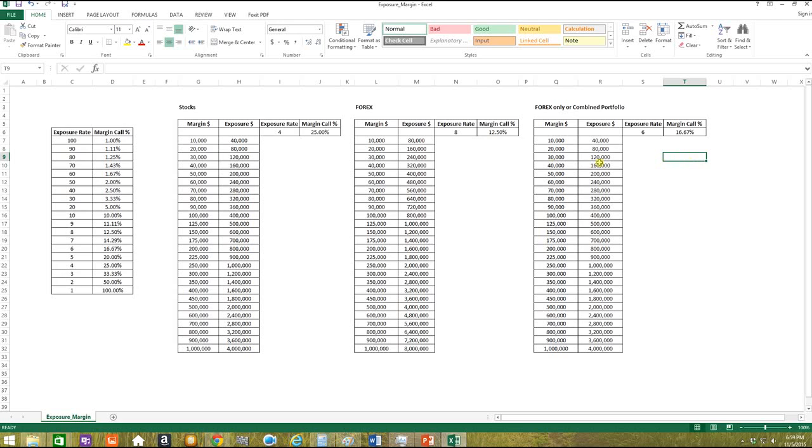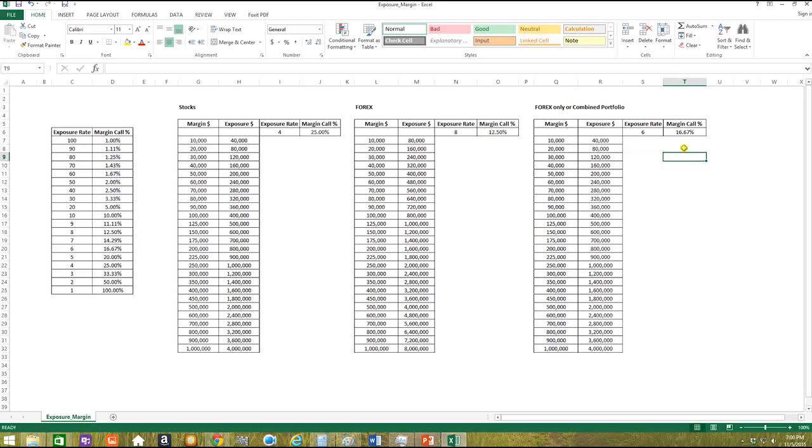So, for example, with a 20,000 example, if we lost 20% of our entire margin, we'd be losing around $4,000. So how do we counter this?